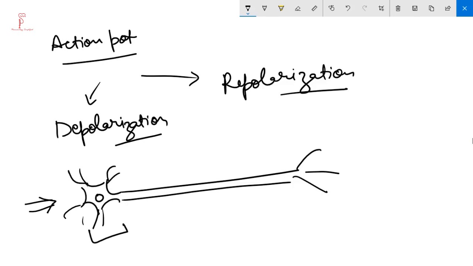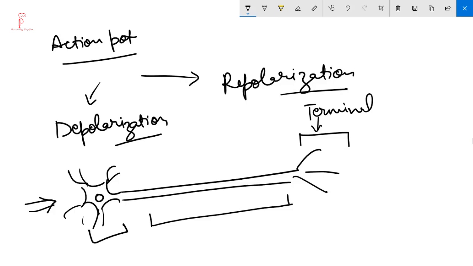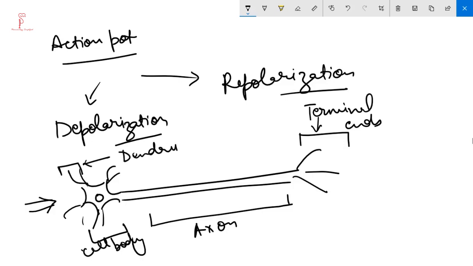This is the axon of the neuron, and these are the terminal ends. The basic function of the dendrites is to receive the signal.